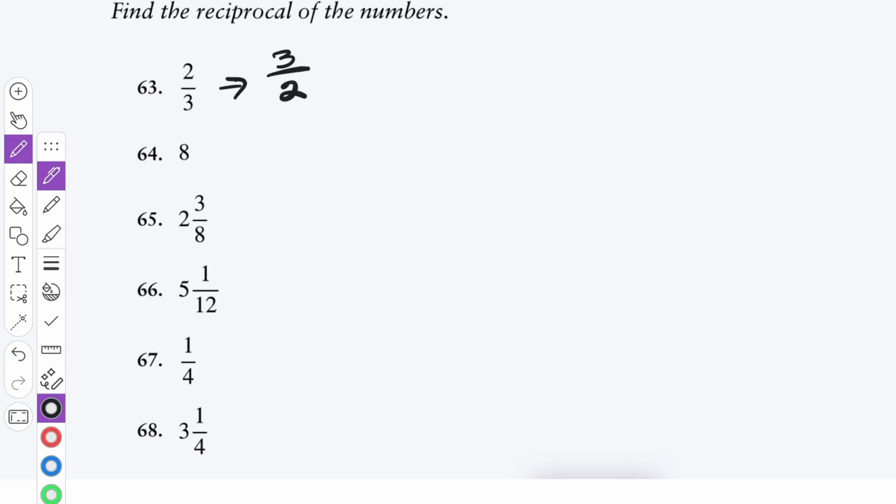You have 8, which is 8 over 1, so the reciprocal would be 1 over 8. I'll do 66, which is going to be equal to, let me just actually use the equal sign. That'll be 61 over 12. So 12 over 61. Okay. And so on.